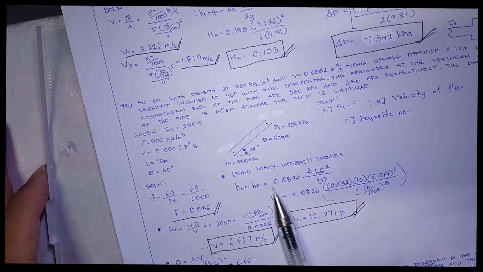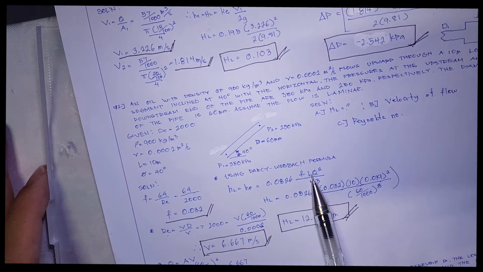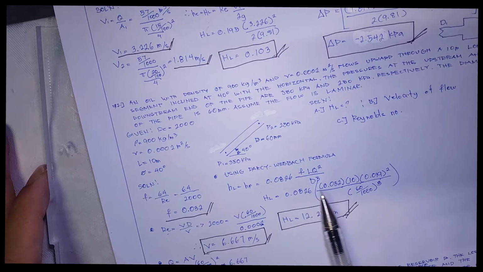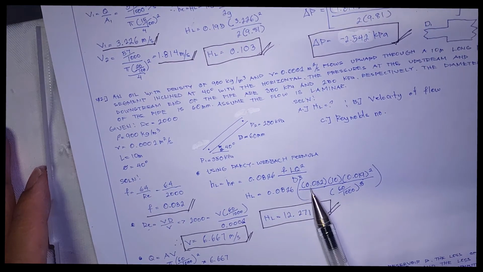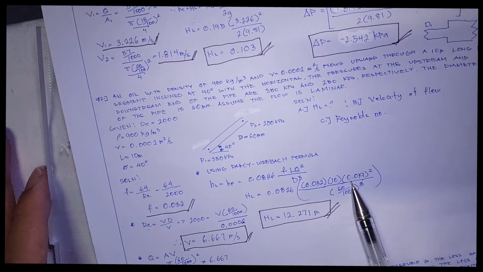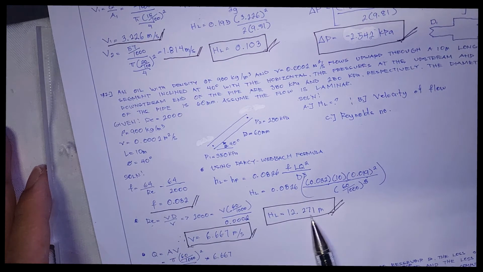So head loss equals 0.0826 multiplied by F times the length times the discharge squared over the diameter raised to 5. So substituting the values, 0.0826 times 0.032 times 10 times 0.019 squared over 60 over 1000 raised to 5. So we have the value of HL, which is equivalent to 12.271 meters.